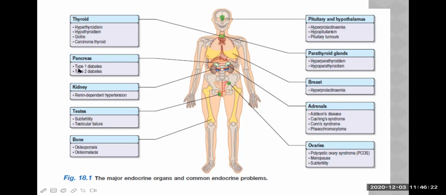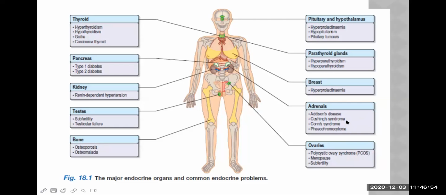Pancreas, we are going to talk about type 1 diabetes and type 2 diabetes in detail. The parathyroid gland: hyperparathyroidism and hypoparathyroidism, two different conditions. From the breast, hyperprolactinemia, which we are also going to talk about in pituitary disorders. When we reach the adrenal gland, we talk about Addison's disease. Addison's disease is hypoadrenalism, meaning the adrenal glands are functioning at a lesser level.